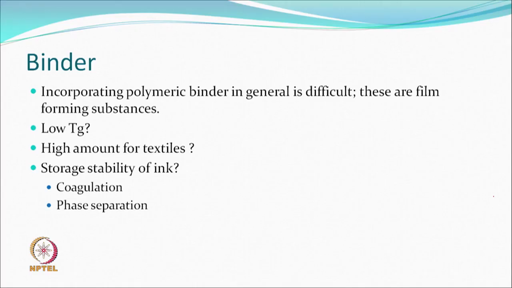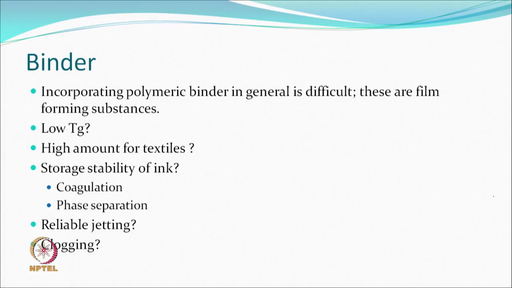But textiles have to be washed, and therefore, generally higher amounts are also required. Storage stability of the ink: one may have coagulation as we said, and there can be phase separation between things which are very soluble in water versus very less soluble in water. All that can cause a problem, and binders therefore prove to be a more difficult ingredient.